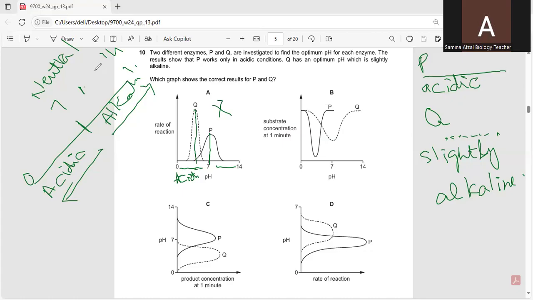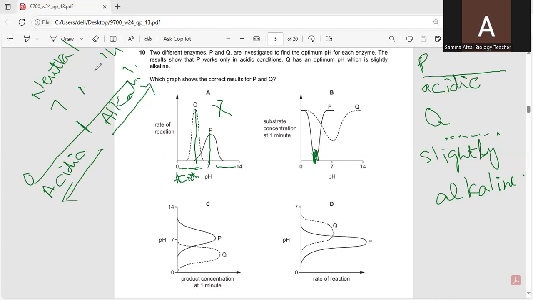In B, you can see on the x-axis pH, and on the y-axis they have given substrate concentration at 1 minute, showing how much the substrate concentration decreases in 1 minute. Here you can see the maximum process is taking place in acidic conditions, and as acidity decreases, the substrate concentration rate increases.